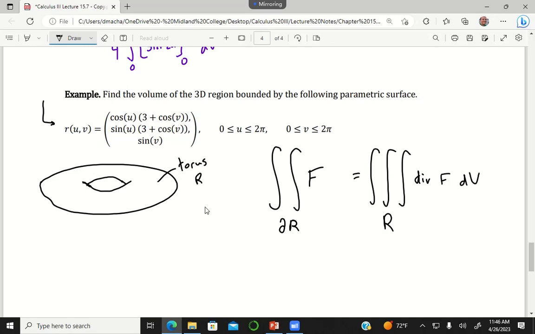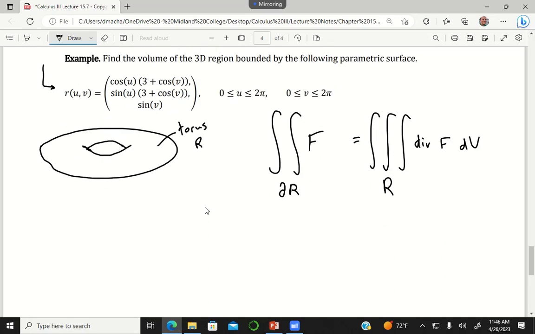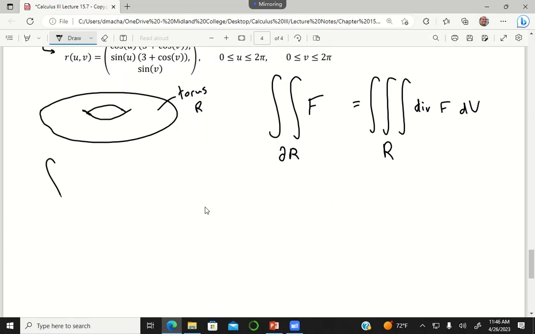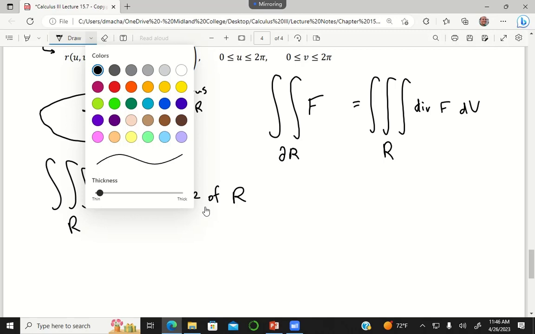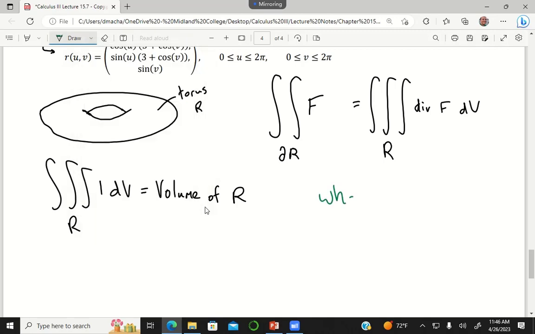And we learned in a previous lesson that if you take the triple integral over some 3D region of 1, this is the volume of that region. So the question we could ask ourselves is, what vector field f has a divergence equal to 1?